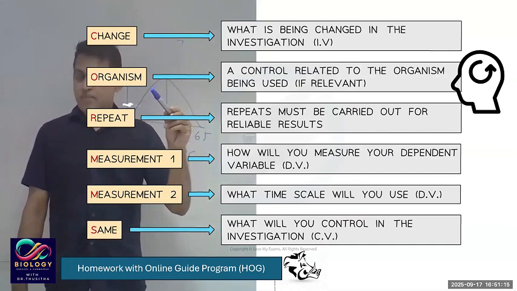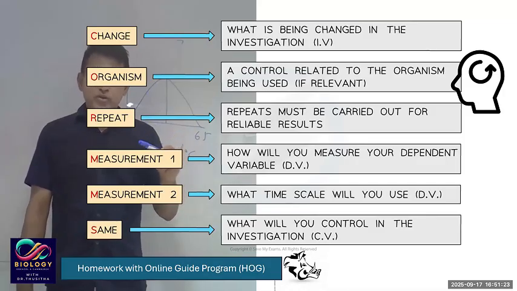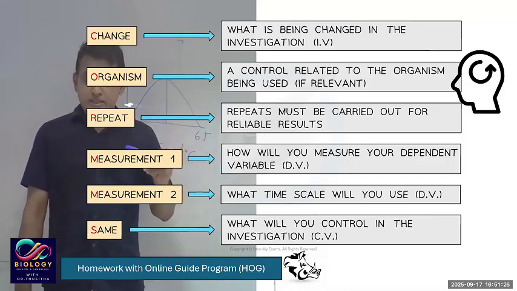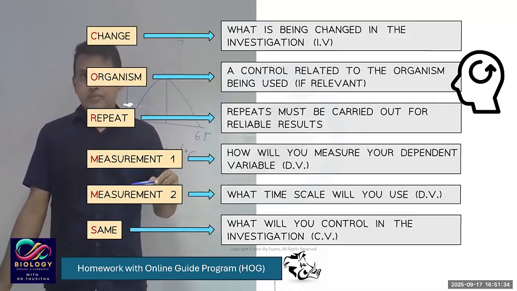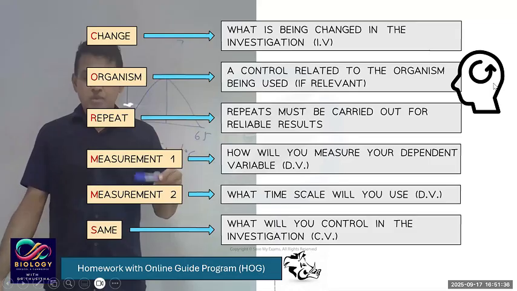They should be the same number, same size, like that. The organism is yeast. Then in any experiment we have to repeat and take measurements. For example, in this case we can measure two things. One is the number of carbon dioxide bubbles produced, measurement number 2 over 5 minutes. So time and the number of bubbles.